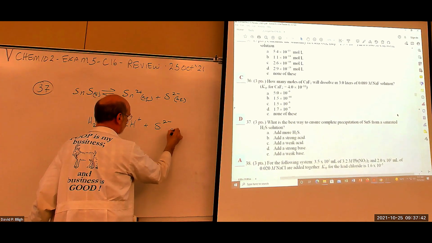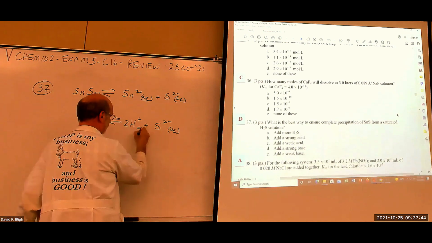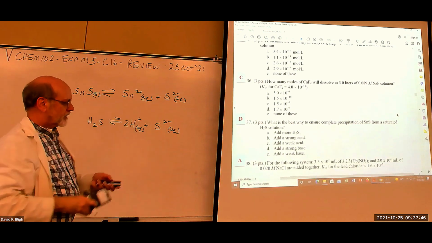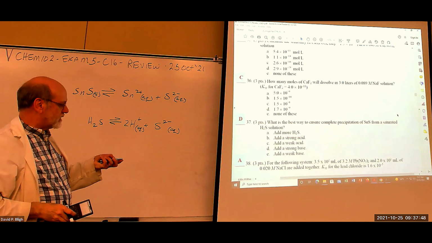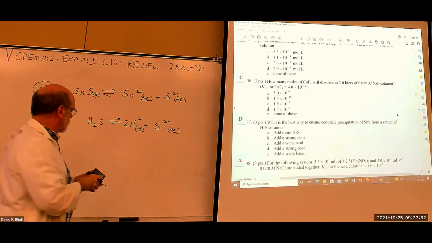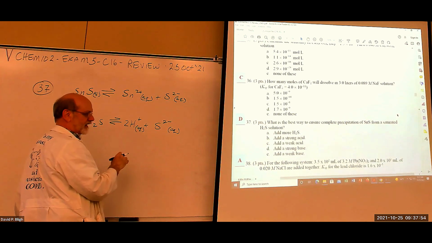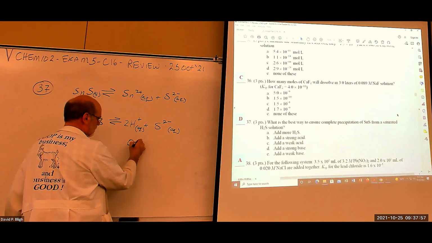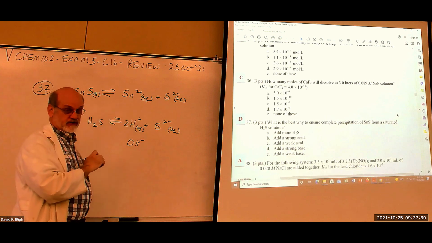So how do you make that as high as you can get it out of this? Right? You add a strong base. If you have a strong base of any kind, just take your pick. OH minus is extremely strong.